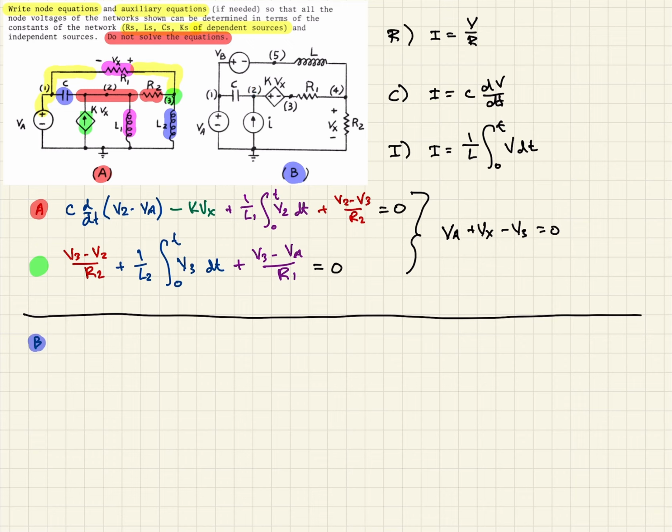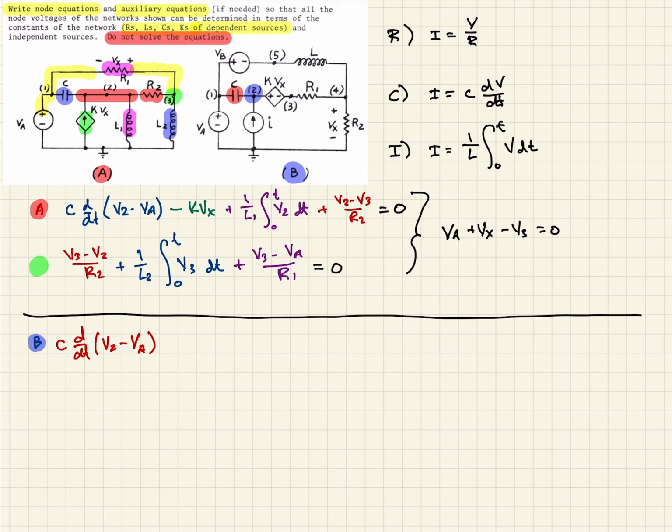As we go around, the first thing we see is this capacitance. We can write that as C times the time derivative of V2 minus V1 or VA. Both are correct. We'll say VA to relate it to a component.